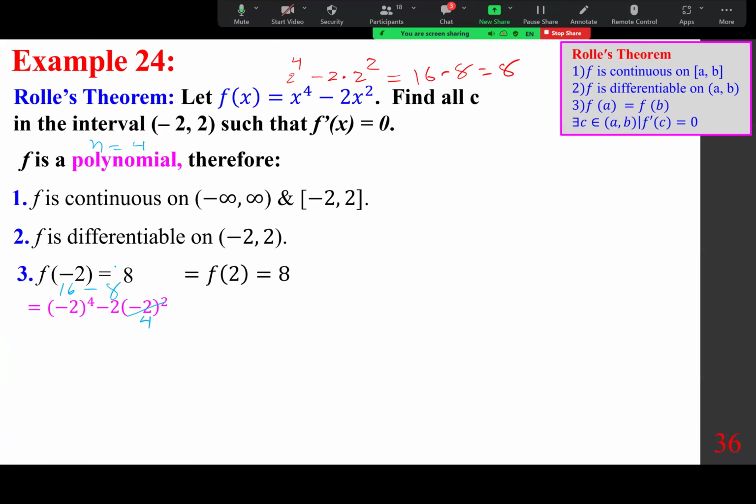Both of them are 8. Therefore, Rolle's theorem applies. There must exist a c such that f prime is equal to 0.